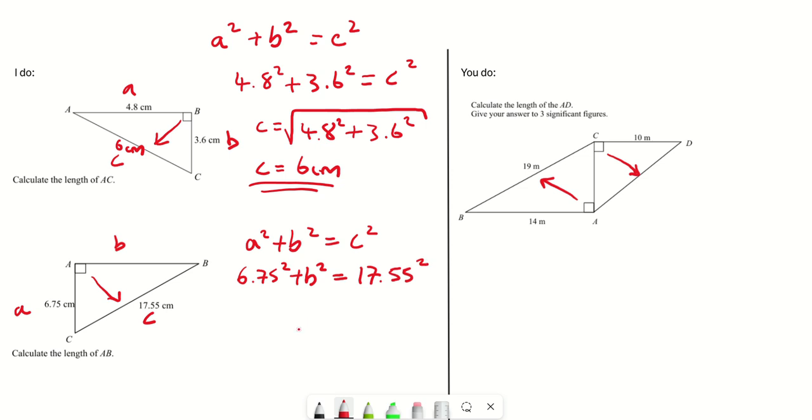Therefore, we need to rearrange this, so we're going to get b squared equals 17.55 squared minus 6.75 squared. Okay, and we can get rid of the squared here and put this all under a square root.